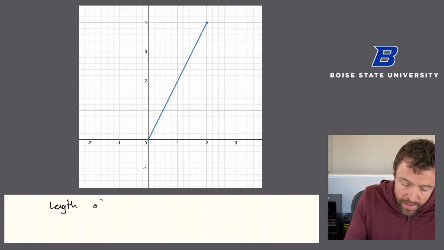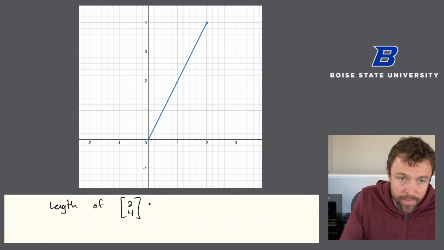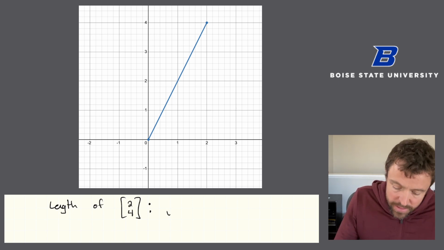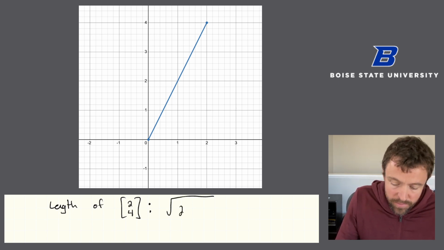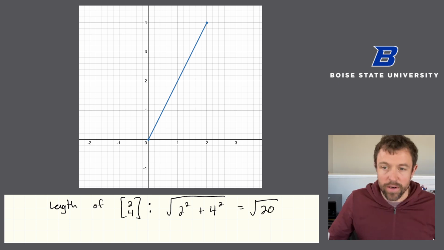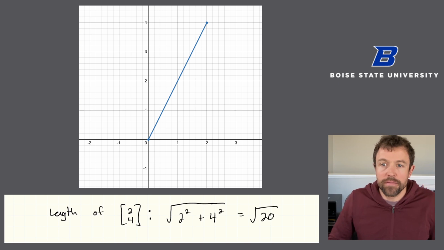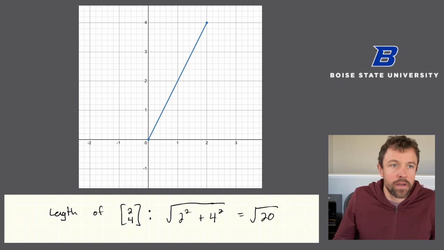We want to find the length of the vector 2, 4. We use the Pythagorean theorem. The base of this triangle is 2, the height is 4, and the length of this is the square root of 20. So somewhere between 4 and 5. So that's length in R2.